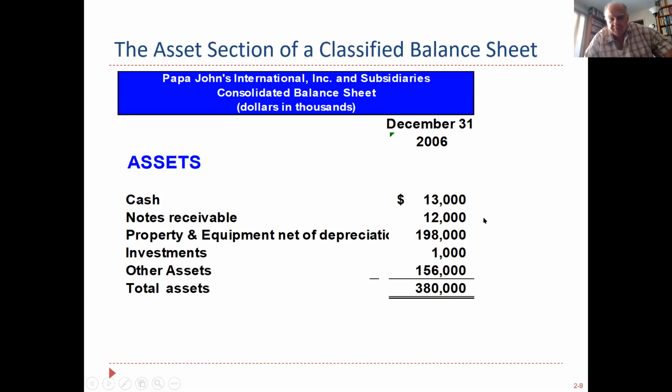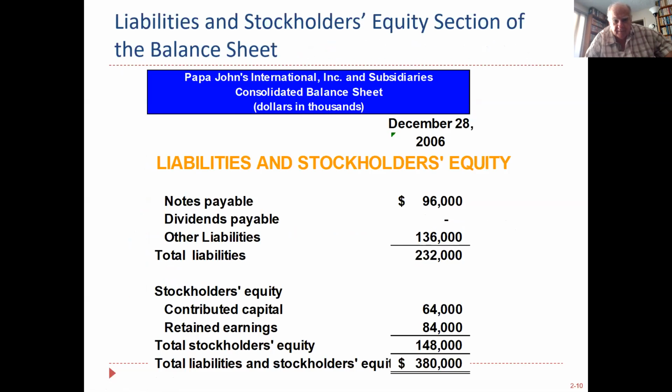Notes receivable is not accounts receivable. Accounts receivable is the debt owed to you by customers, people to whom you sold things. Notes receivable simply means you loaned money to somebody and they owe you.